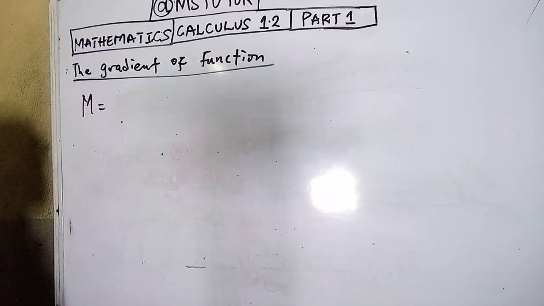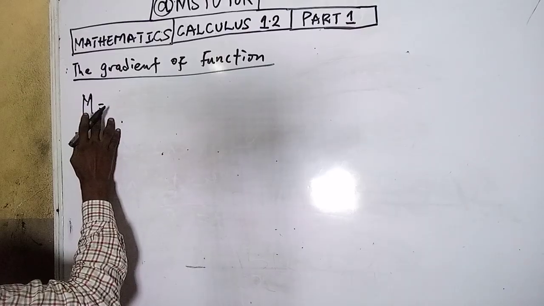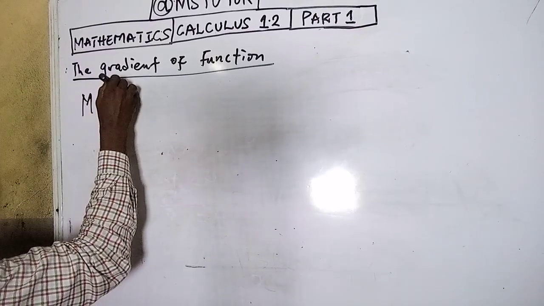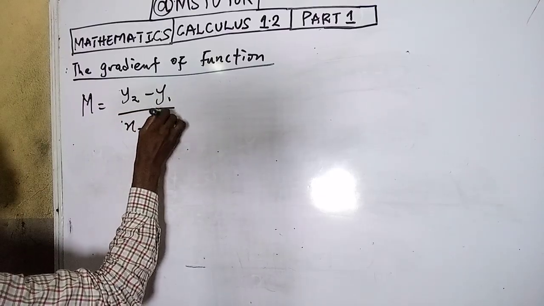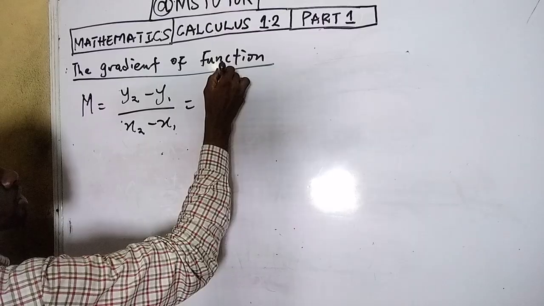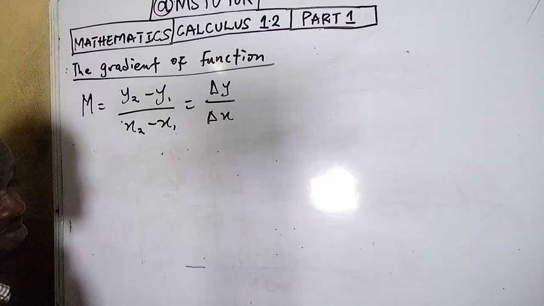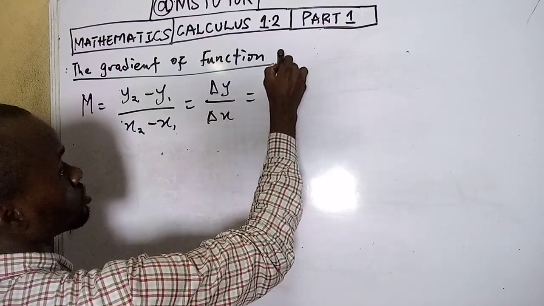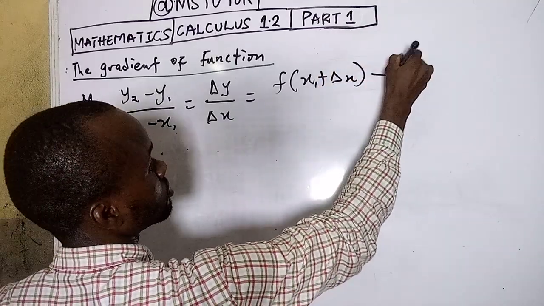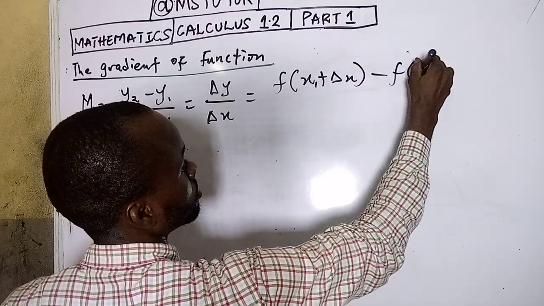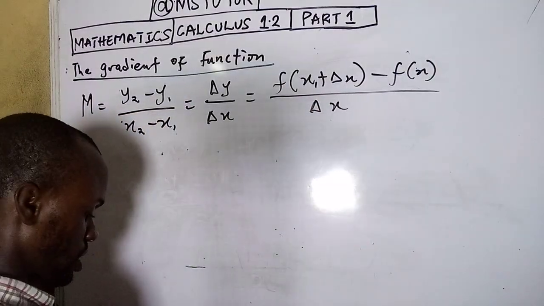So therefore, you all can agree with me that our gradient, that is n, then equals y2 minus y1 over x2 minus x1, which is synonymous to change in y over change in x, which you can call dy/dx, being equal to f of x plus dx minus the original function, over everything we take as dx.